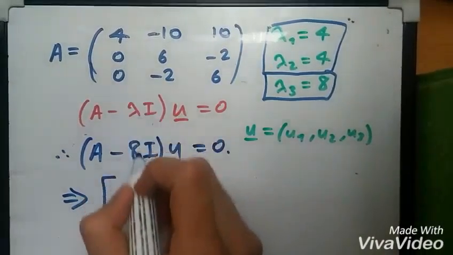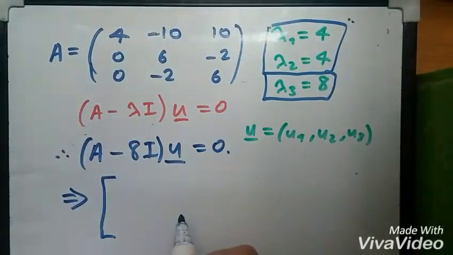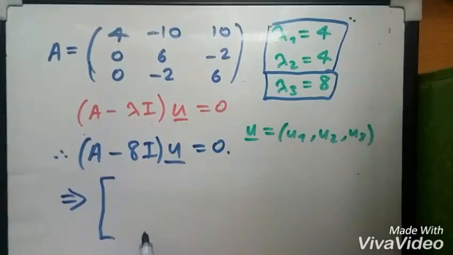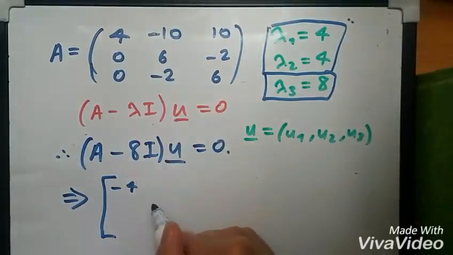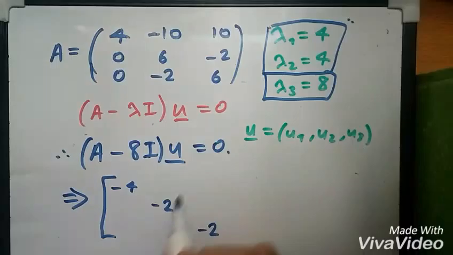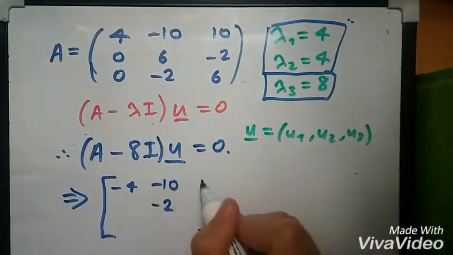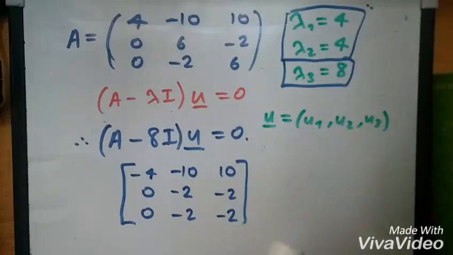You pretty much subtract all these diagonal values by 8, because the identity is a diagonal matrix of 1s, times 8 is 8, subtract all by 8. So 4 take away 8 is minus 4, 6 take away 8 is minus 2, and once again 6 take away 8 is minus 2, and the rest of the matrix you just copy down since they all subtract 0, and here are the rest of the values. I just skipped it, so I don't want to waste anyone's time.